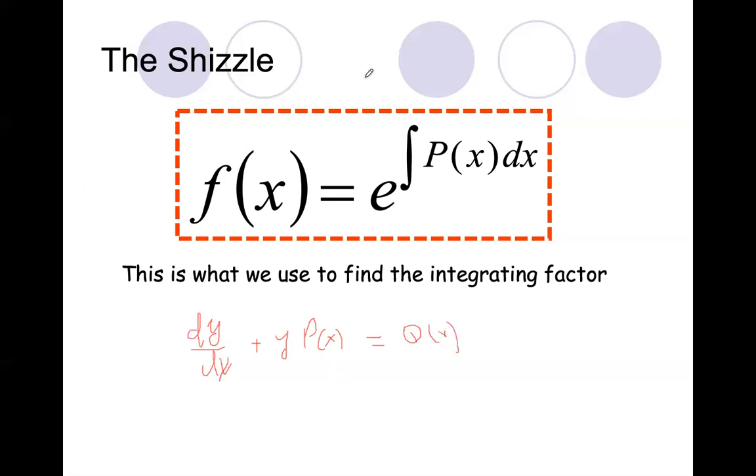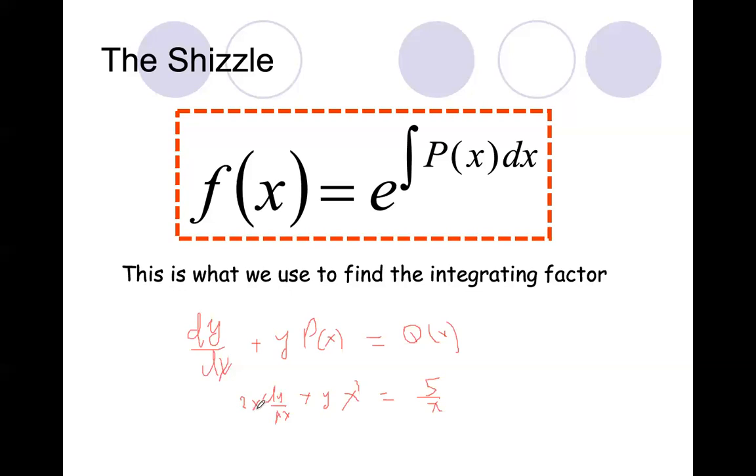If your coefficient of dy dx is not 1, let's say you have 2x dy dx plus y times x cubed, for instance, equal 5 over x. If you have a function like this, you must first make the coefficient of dy dx to be 1.